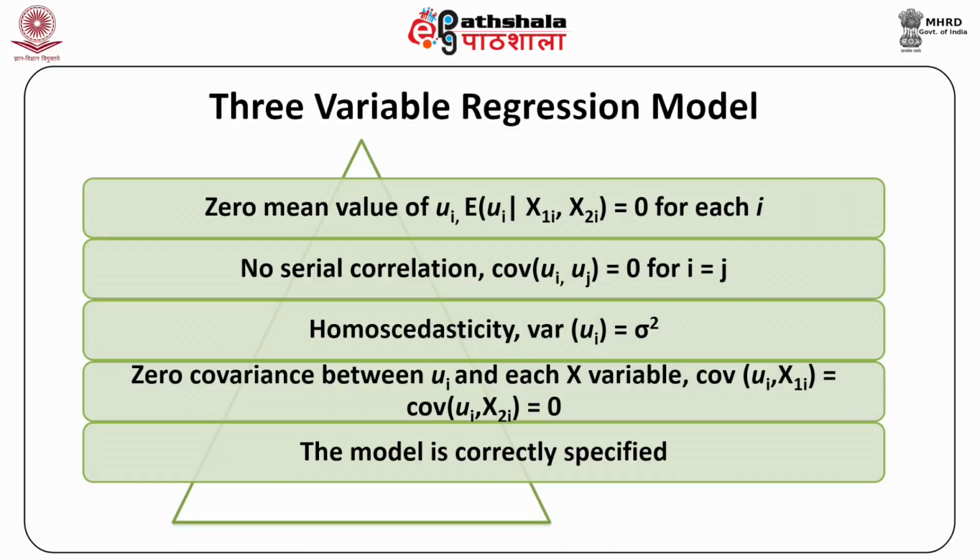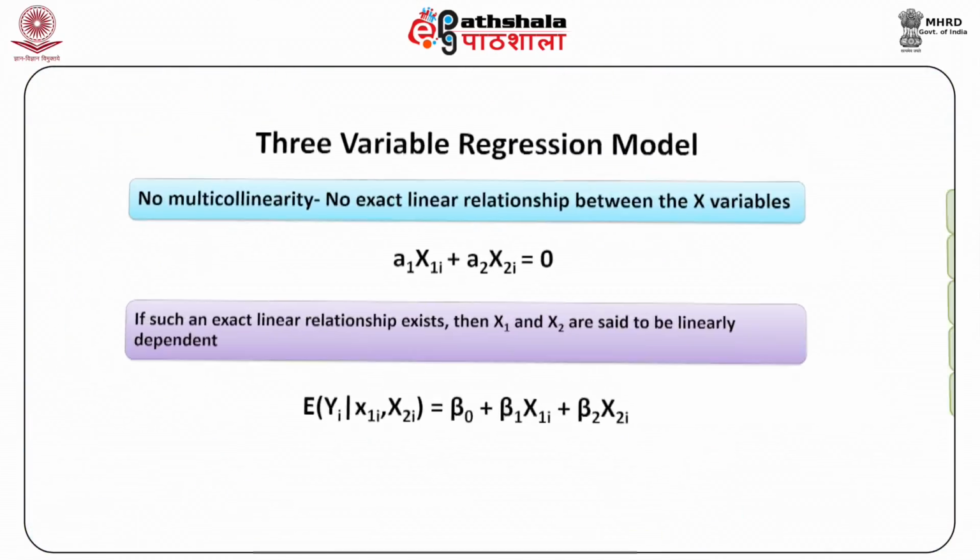Homoscedasticity: variance of mu i is equal to sigma squared. Zero covariance between mu i and each x variable: covariance of mu i, x1i is equal to covariance of mu i, x2i is equal to 0. The model is correctly specified.